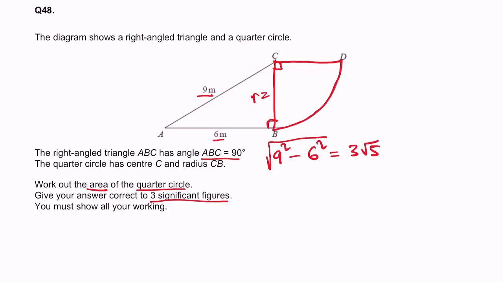If you want, you can write the decimals, but make sure you don't round the answer until you get to the end of the question, because you need to round it to 3 significant figures. Now we found the radius, so the radius is 3 root 5. So let's go and find the area. The area of the circle is pi r squared, and because it's a quarter, divided by 4.